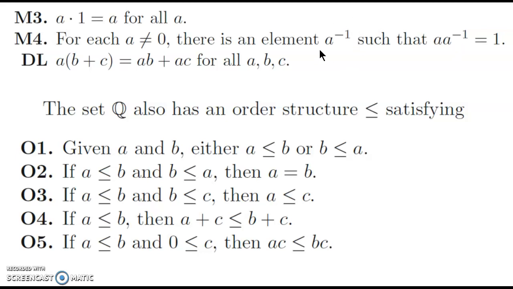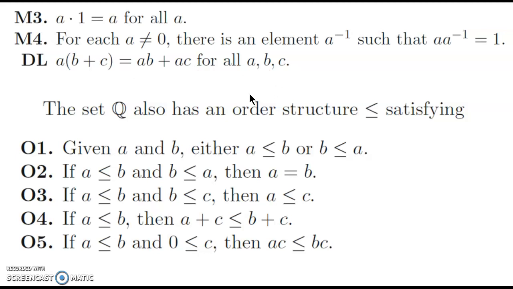This a inverse is known to be the multiplicative inverse of the element a, and 1 is known to be the multiplicative identity. Now this DL is known as the distributive law. Here multiplication distributes over addition. The value of a into (b plus c) is equal to ab plus ac for all a, b, c.